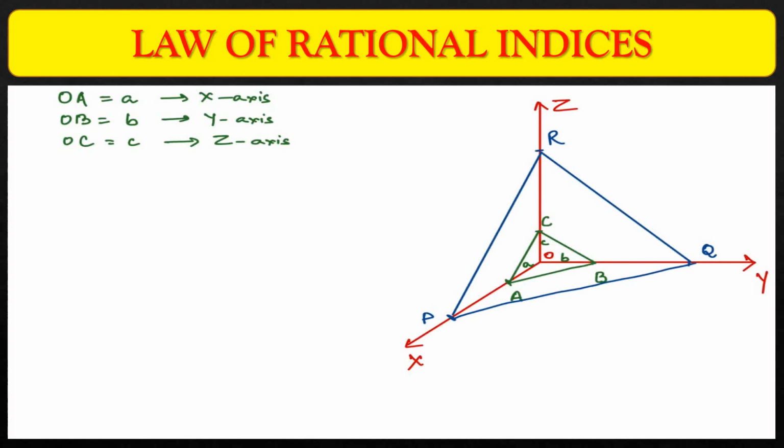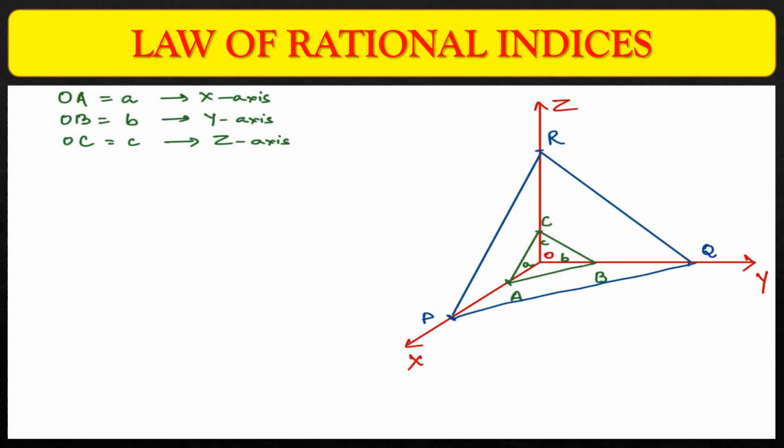And the condition for these intercepts as prescribed by the law of rational indices is that these intercepts may be equal to the unit plane intercepts or they may not be equal to the unit plane intercepts. If they are not equal to the unit plane intercepts, then they must be some simple whole number multiples of the intercepts of the unit plane.